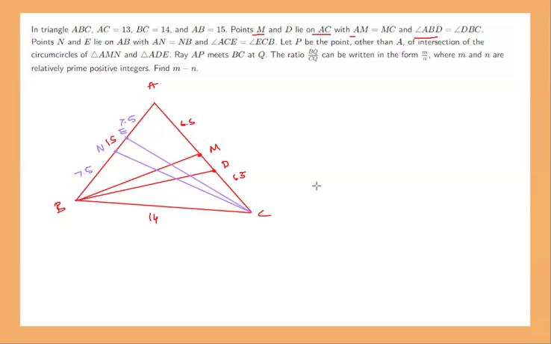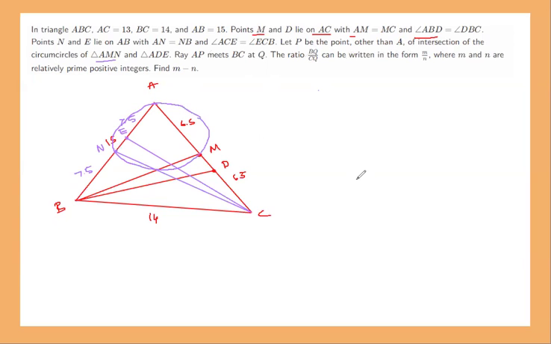But now the question is already challenging, right? And what we are told after that is there is a point P, other than A, which is the intersection of the circles A, M, N and A, D, E. If you try to draw a circle, it will be something like this.